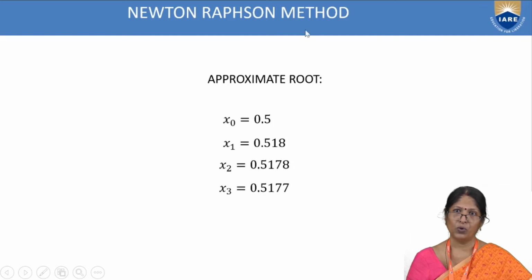If you see, the decimal started repeating: 0.517, actually 777, so we can say 78. So 0.517, the decimal started repeating, we can stop the procedure. We can declare 0.517 is the approximate root of the given transcendental equation.